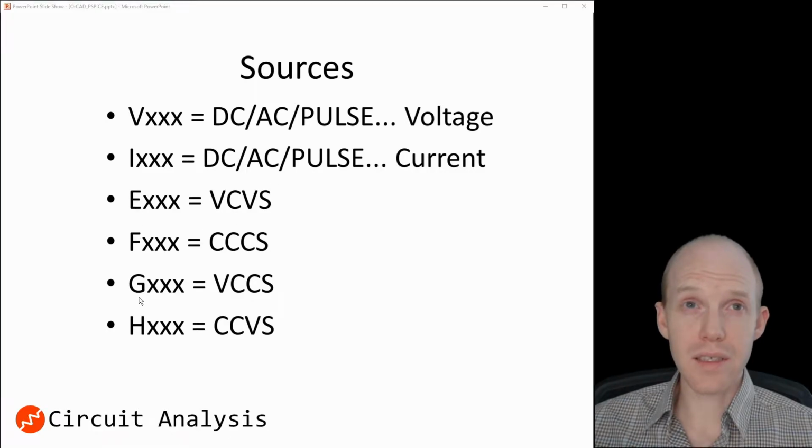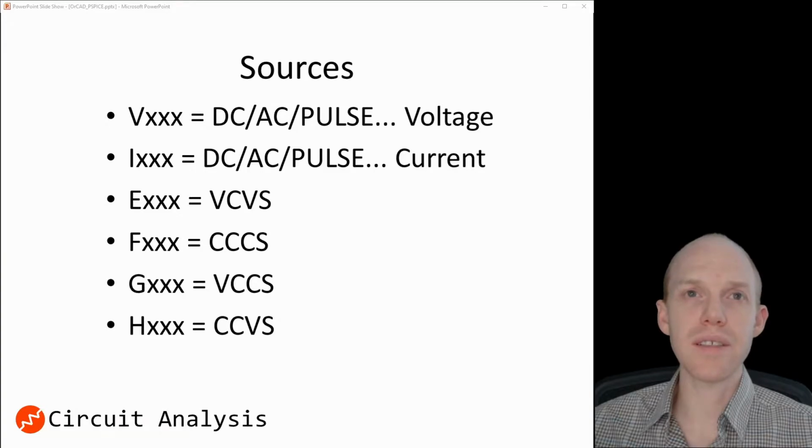And then there's these four types here, which are controlled sources. So this E is a voltage controlled voltage source. The F is a current controlled current source. The G is a voltage controlled current source, and the H is a current controlled voltage source. So those have an equation that defines the output voltage or current based on other voltages or currents in the circuit.